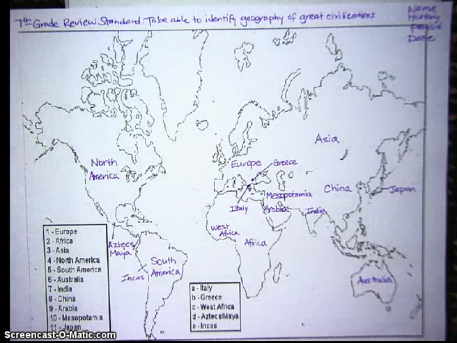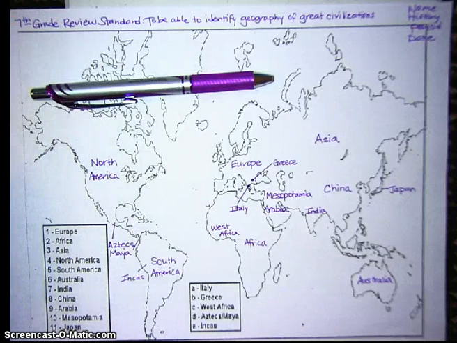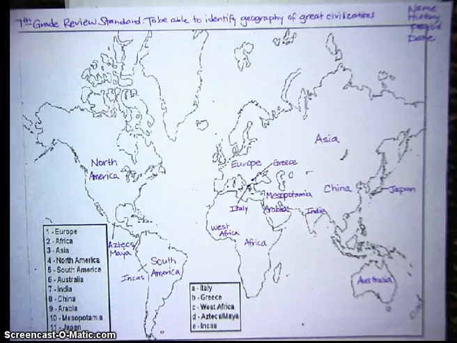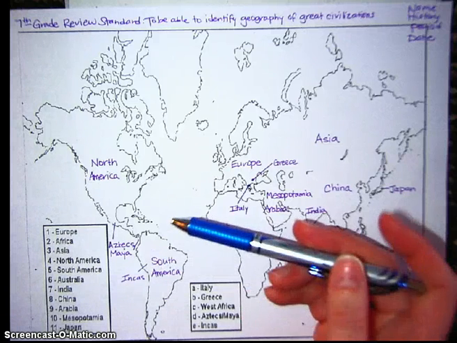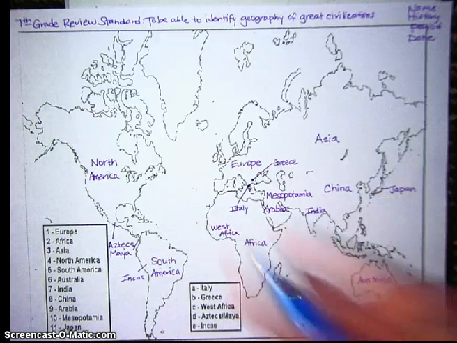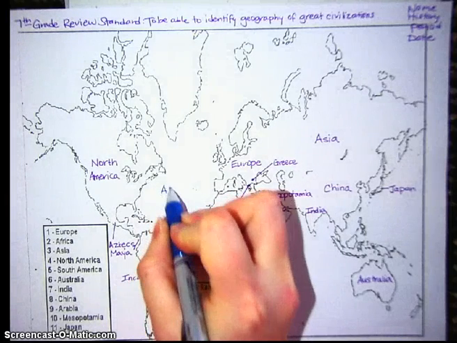Okay, there's one more thing I'm going to do on here. Like I said, I'm going to label some, and I was just using purple right there for those things. I'm going to label some oceans, just so you have a reference. And I'm going to use blue for that, because remember, blue is water. So here's the Atlantic Ocean on this side.